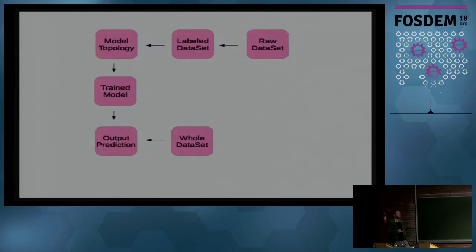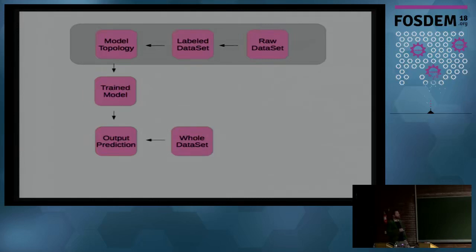So if we look at the whole chain, there is a first step that goes from your data set, labeling it, creating your topology model, training it, and with your whole data set and your trained model, you can get a prediction.